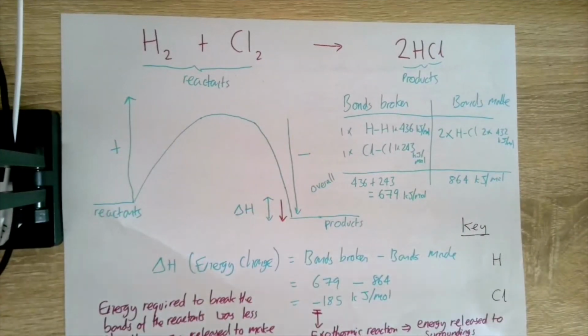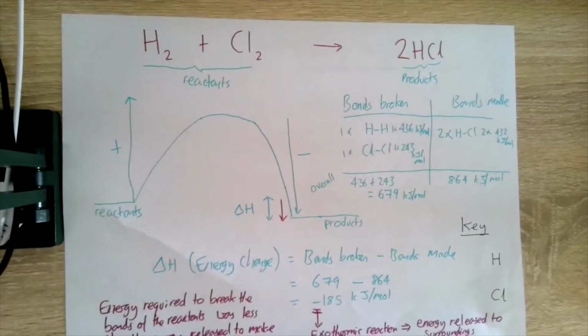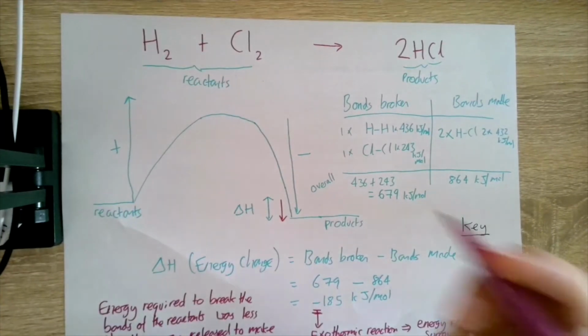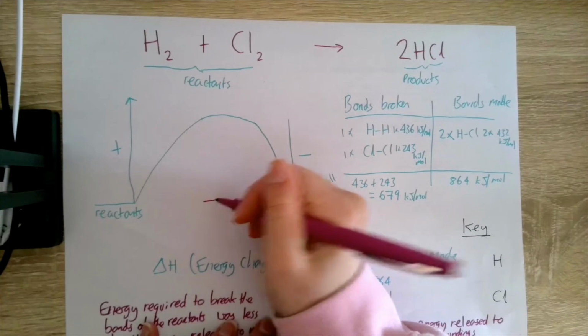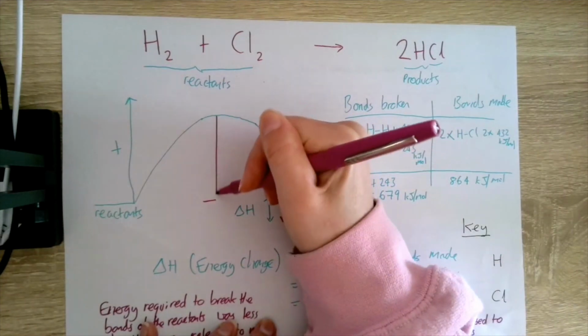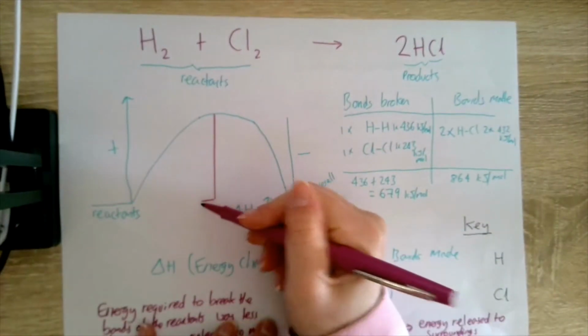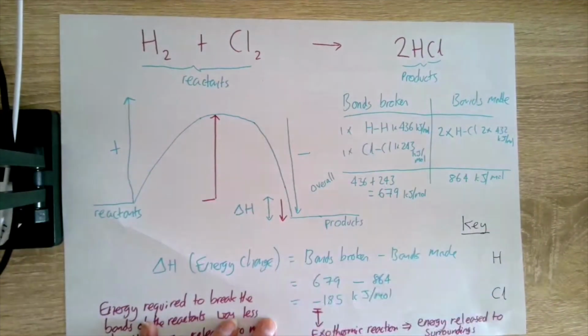And just while we have a reaction profile in front of us, I just wanted to review our activation energy. So remembering that it is the difference between our reactant energy and the top of the peak.